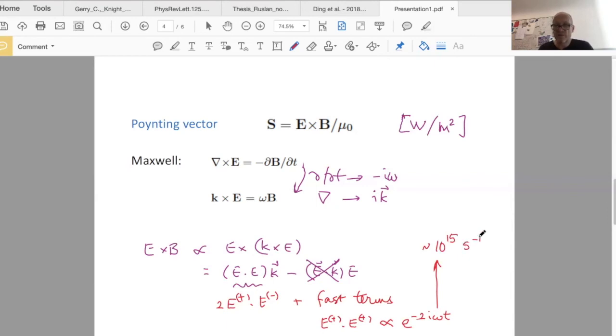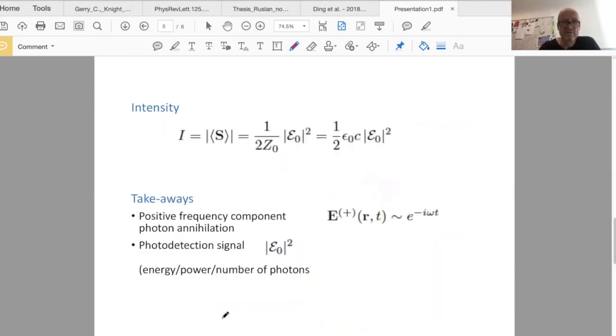Okay, so we're talking hundreds to thousands of terahertz, and photodetectors cannot detect such a fast signal, so it basically averages out, and all you measure is the slow component, which is the, let's say, the DC component, which is E plus E minus, which is therefore proportional to the modulus of the amplitude squared. So this is then the intensity. It's the modulus of the amplitude squared times epsilon naught c.